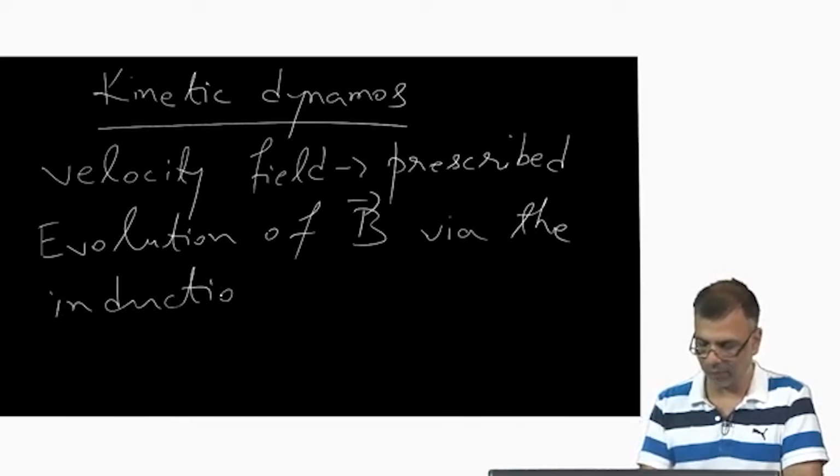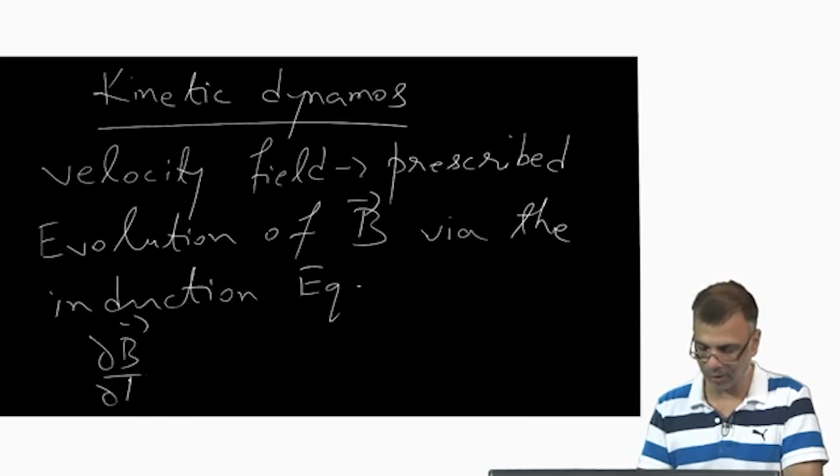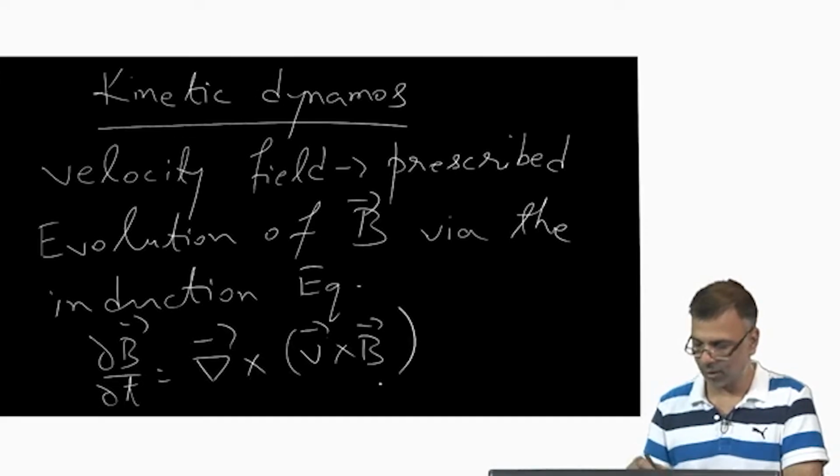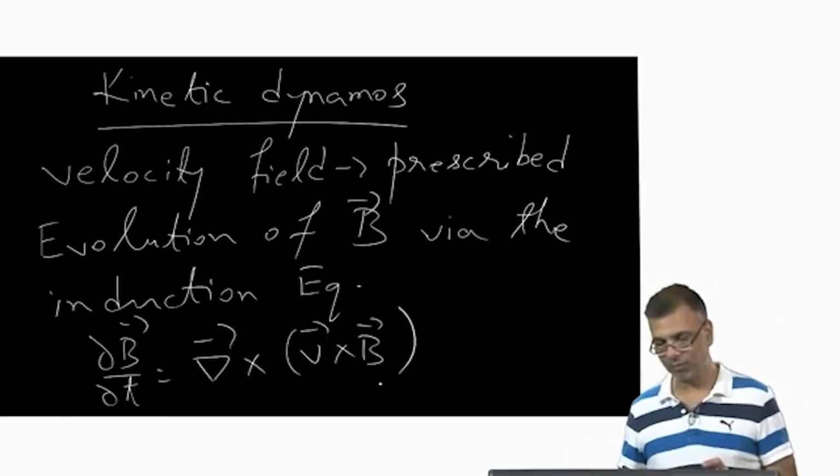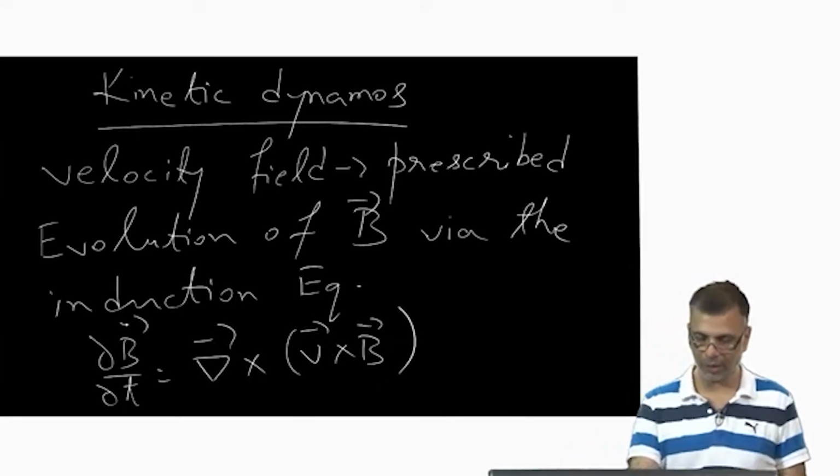Induction equation, which we have seen many times: dB/dt is equal to the curl of V cross B, plus possibly a resistive term, and we will talk about that in a minute.